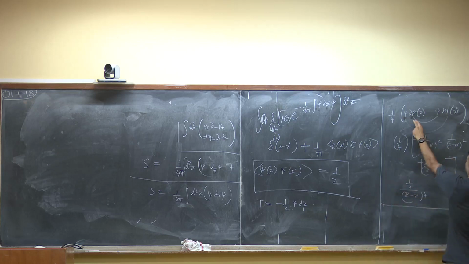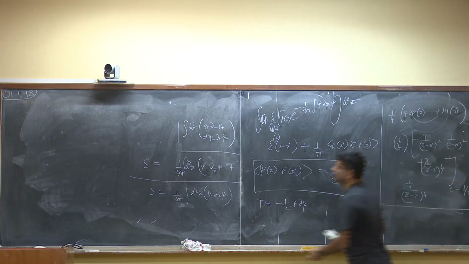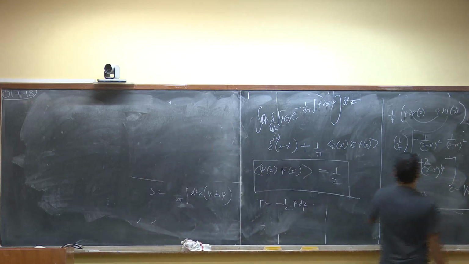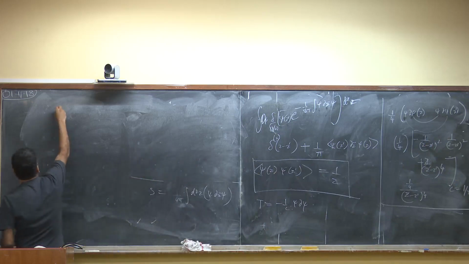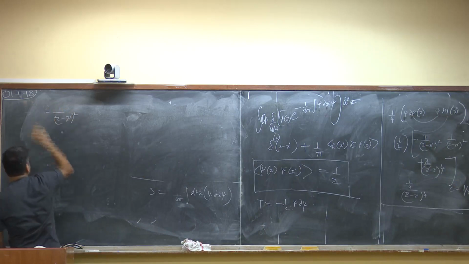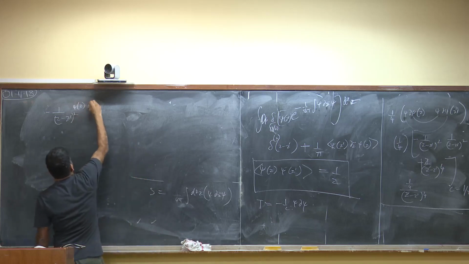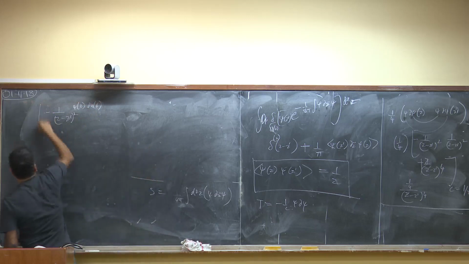It's a bit painful, but let's just do it. We can contract this with this. So we get 1 by z minus z prime square with a minus psi of z del psi of 0. Everything with the 1/4.